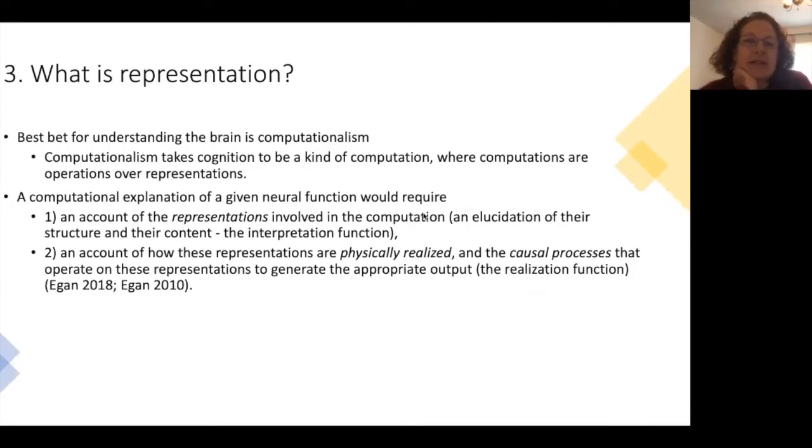So in this third part, I'll just briefly talk about philosophical ideas about representation, and it's of course a huge literature, and I'm not going to spend a lot of time going into it, but I'm going to make the assumption that computationalism is the most likely or productive way of thinking about neural and mental representations, where computationalism takes cognition to be some kind of computation, where computations are operations over representations.